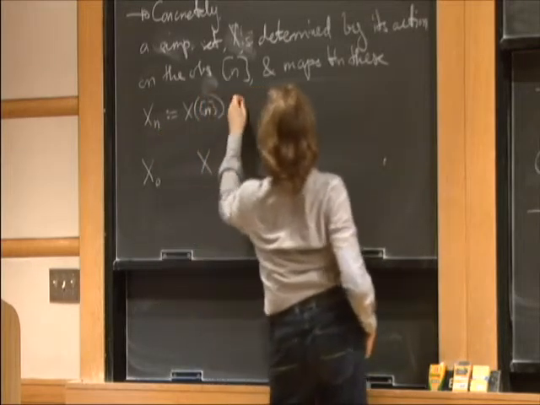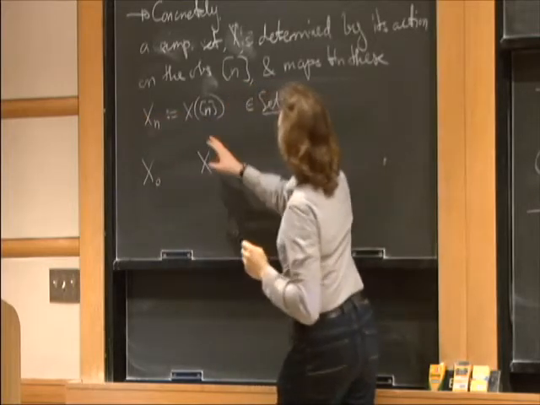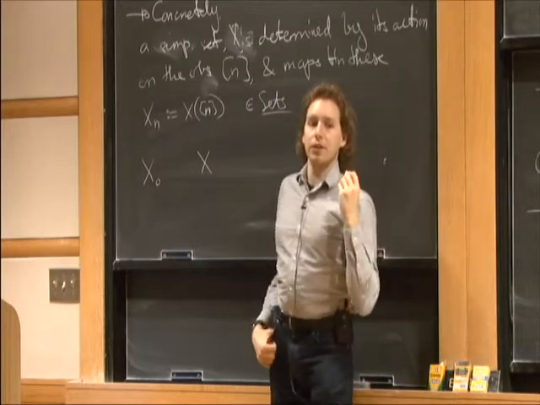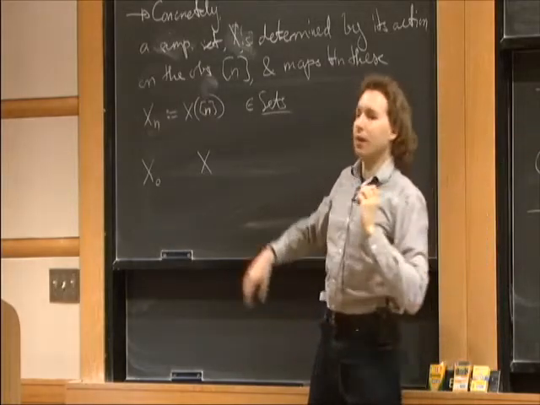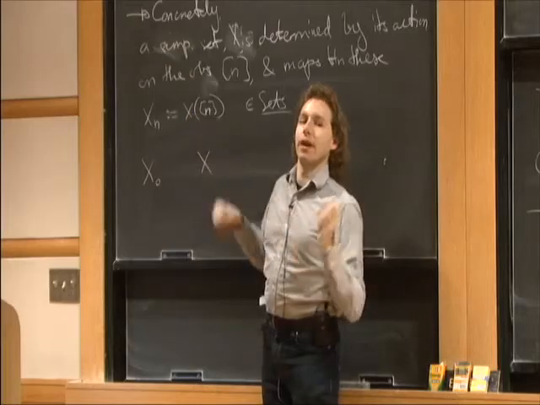So this is a set. X itself is a functor from the simplicial category to sets, and so here we're applying it to a particular object of the simplicial category, so we get a set.